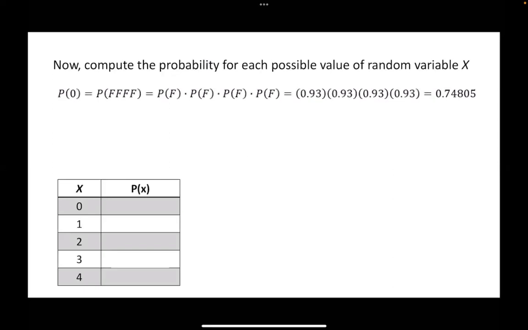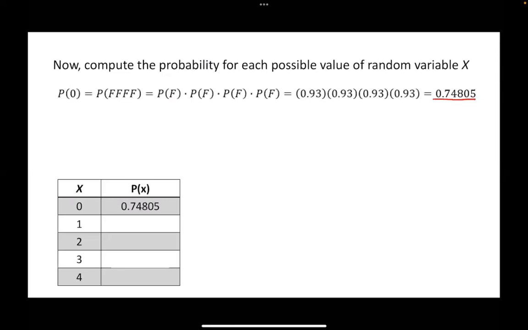The probability the first one is a failure times the probability the second is a failure, third is a failure, and fourth is a failure. Remember the multiplication rule? All 4 of them have to be failures, so it's the first and the second and the third and the fourth. So we're using our multiplication rule, and we got this for our probability.